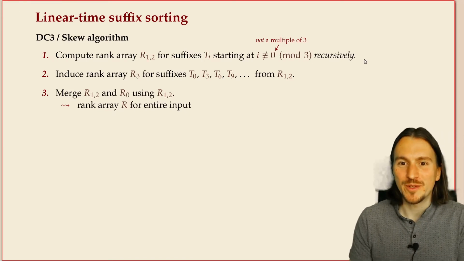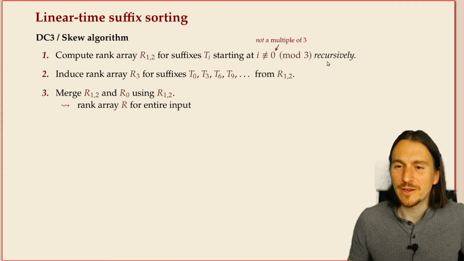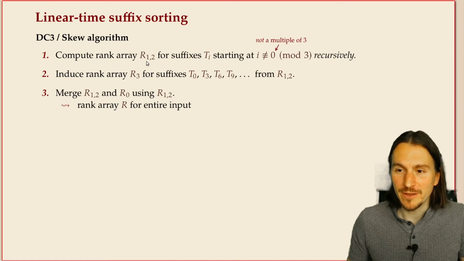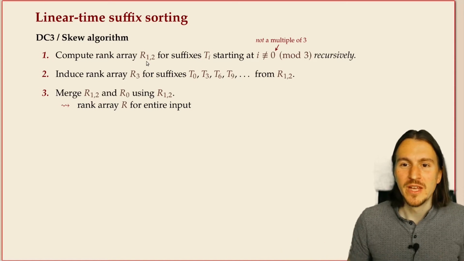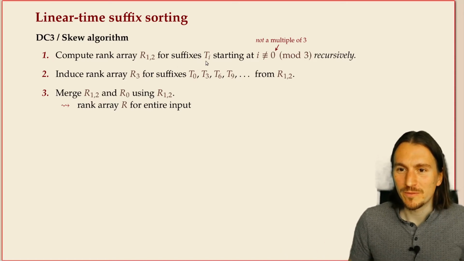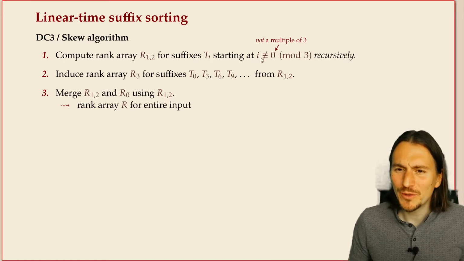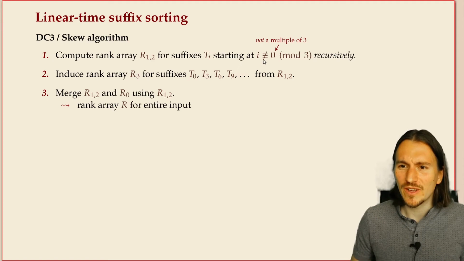The first step is we make a recursive call and we compute the rank array, so the inverse suffix array, for some of the suffixes, but not all. We leave out all the suffixes that start at a multiple of 3.